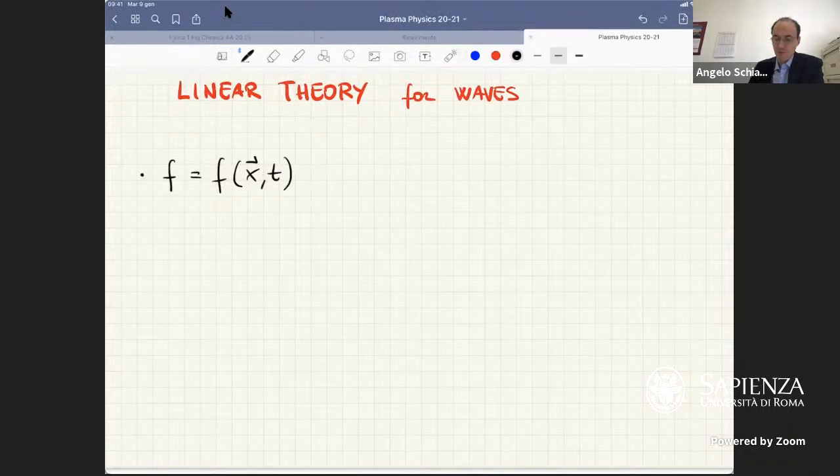So remember that a wave differential operator is mixing time derivatives with spatial derivatives.